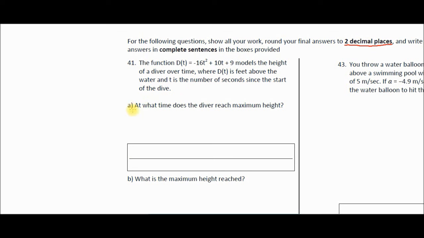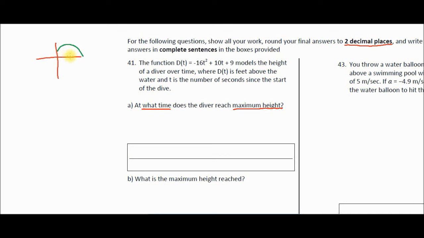Okay, so letter A. At what time does the diver reach maximum height? Now think about this, class. You have a parabola of the diver jumping, and this expresses basically height over time.